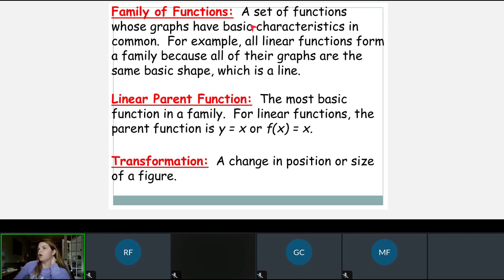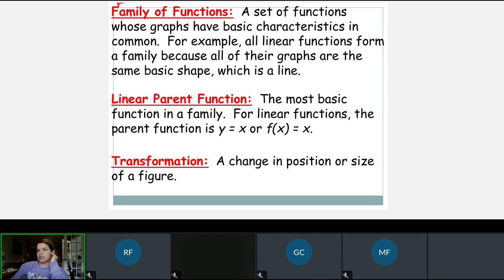For example, all linear functions form a family because all of their graphs are the same basic shape, which is a straight line. Okay, so whenever you are given a problem from here on out, and it mentions a parent function, the parent function is the most basic function in a family.